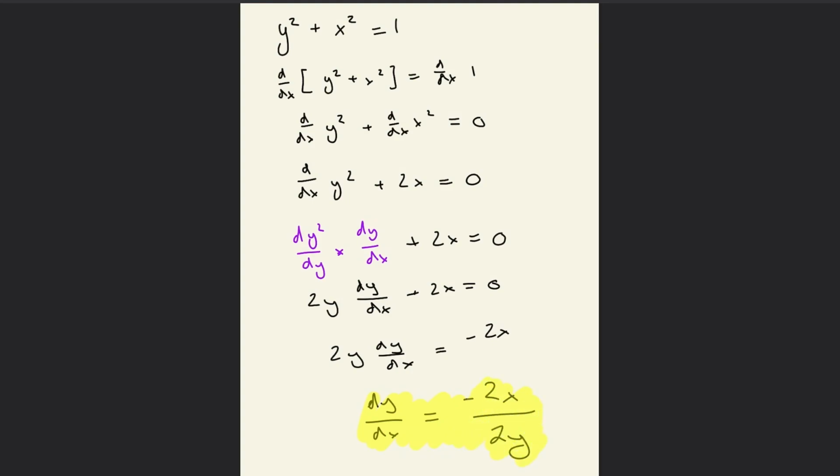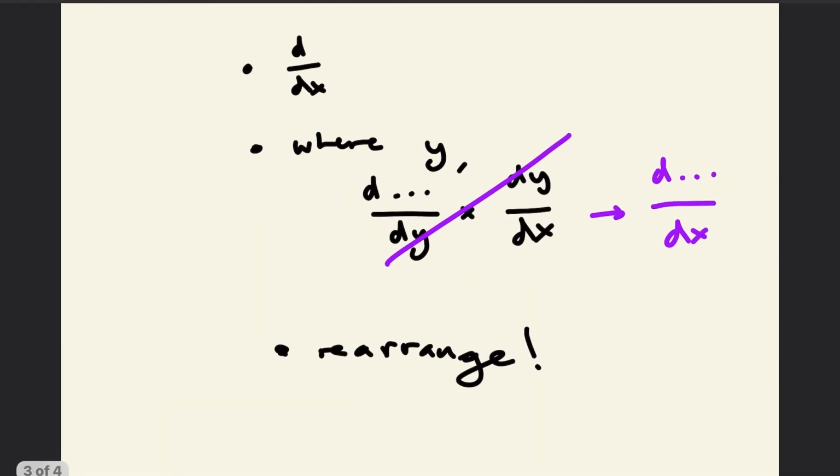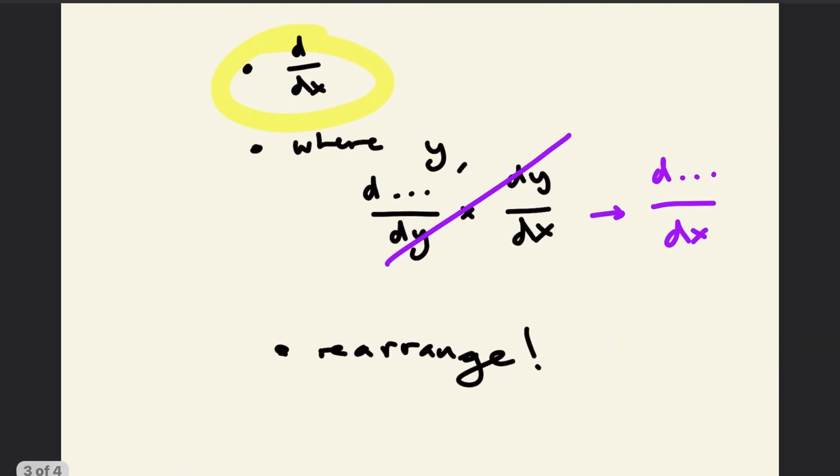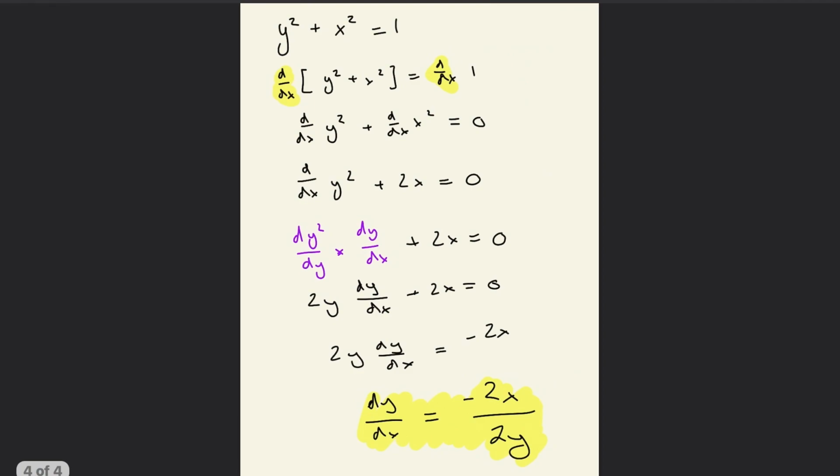So if you look back at the process, you can see what I mean by first, we take the derivative in terms of x of both sides. Then, whenever we have a y, we rearrange it to look somewhat similar to this. So here our only y was here, and then we rearranged it so it would look like this.